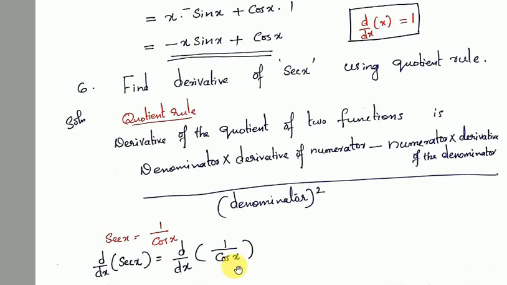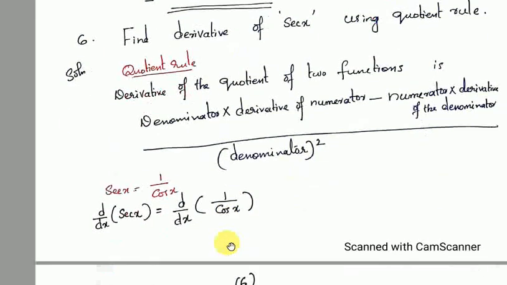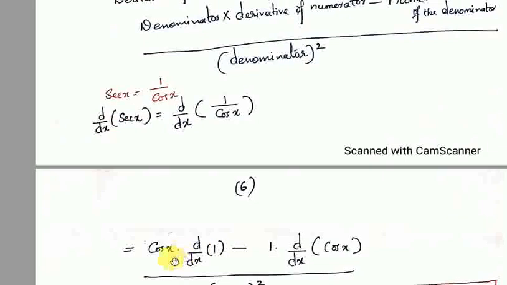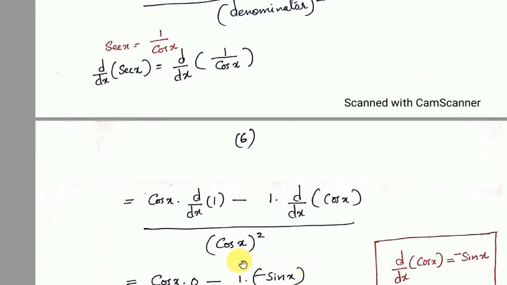So denominator into derivative of numerator is cos x into derivative of 1, minus numerator into derivative of denominator, whole divided by denominator square.